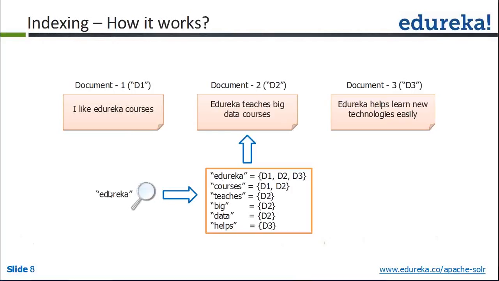It is simply going to look into whether this particular text was there in any of the documents, and it will find that this particular term was found in documents 1, 2, and 3. If somebody had been looking for big data, it would have found document 2 as the reference.